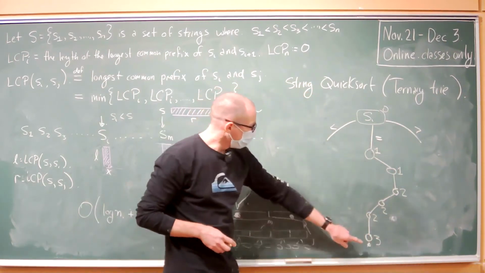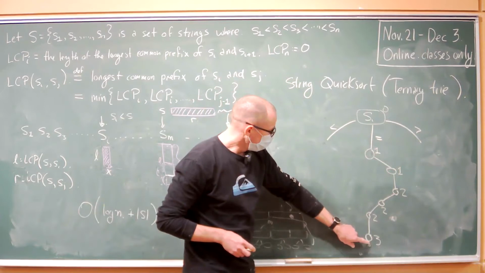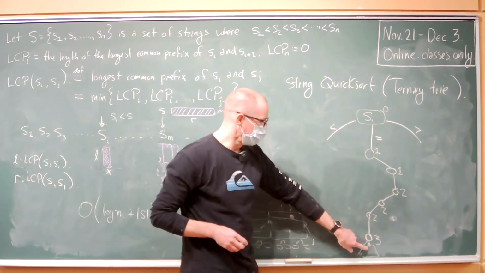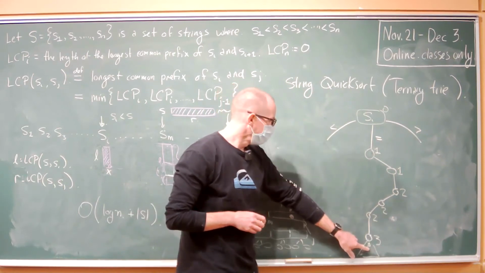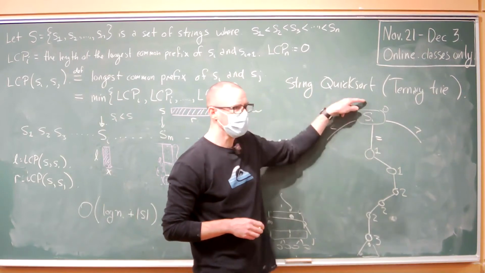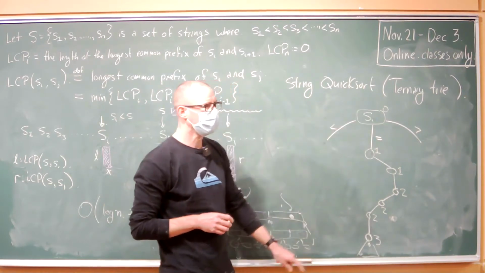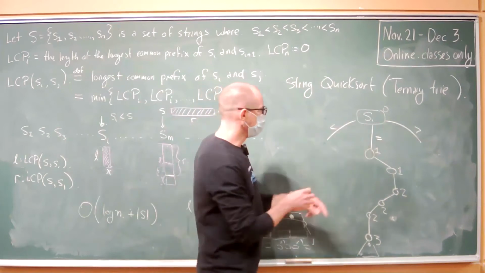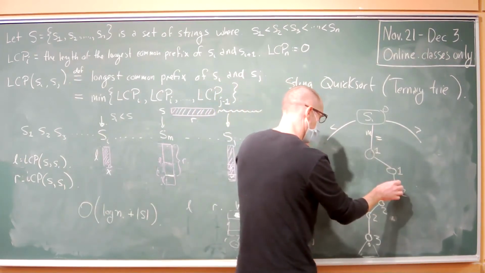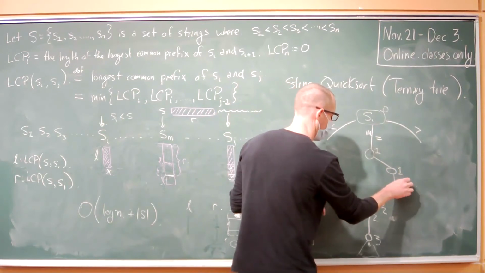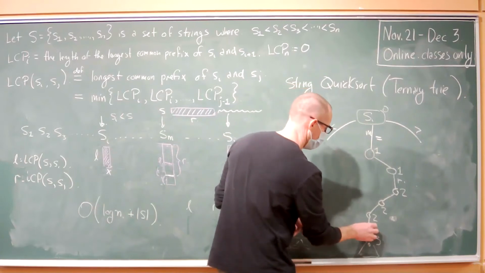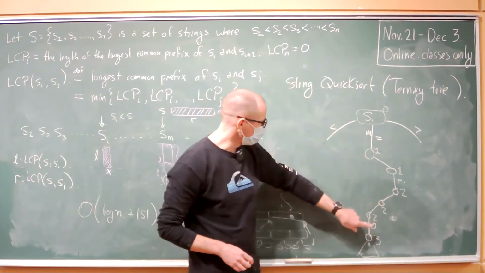And why would you want to do that? Well, the reason is that all the strings that you store down in this subtree start with the same first three characters. You came down here because this was an M, you came down here because this was an R, and you came down here because maybe this was an O. So all the strings down here start with MRO.